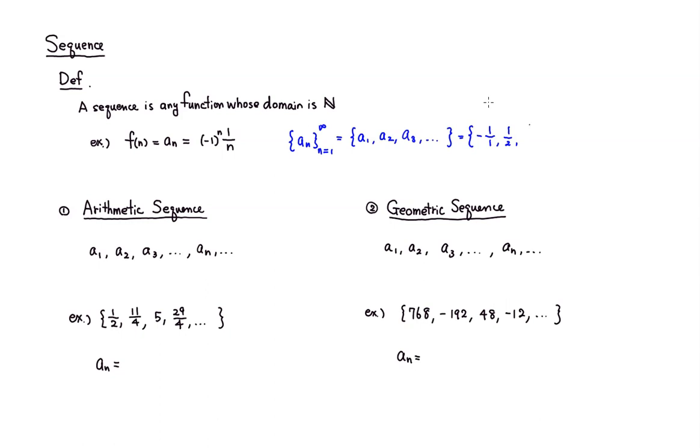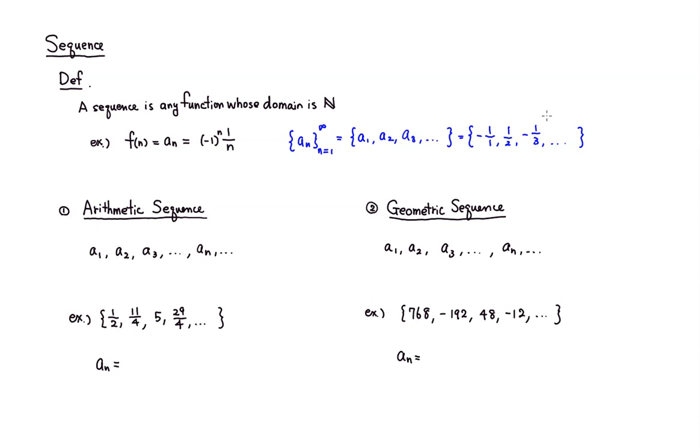If n is 3, it's negative 1/3, then 1/4, and so on. So this is just an ordered collection of numbers, and that's a sequence. But we can think of it as a function whose domain is the set of natural numbers.